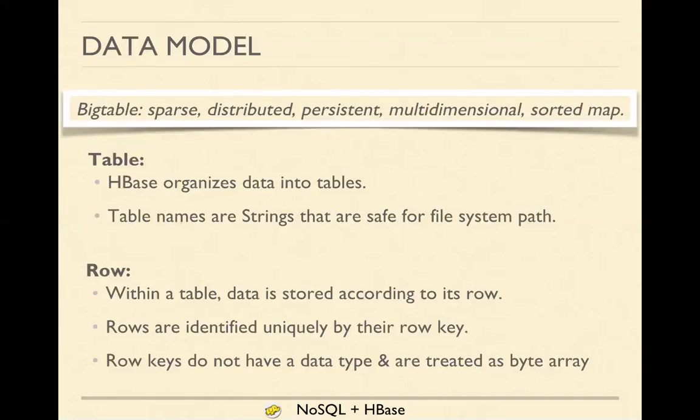So the first important part in the data model is the table. A table contains rows, and a row is identified by a unique row key. Row keys do not have a data type, and this is a very important part.